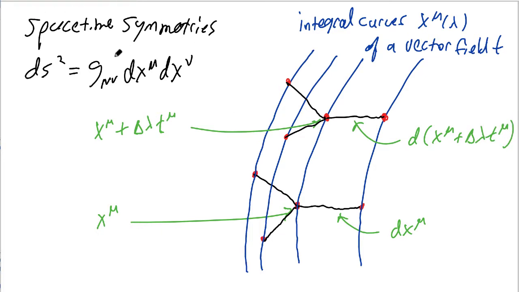So what do we mean by spacetime symmetries? Well, a spacetime is symmetric under the action of a vector field T if the network of distances is unchanged when we flow along the integral curves of T. So in other words, this network of distances is the same as this network of distances.